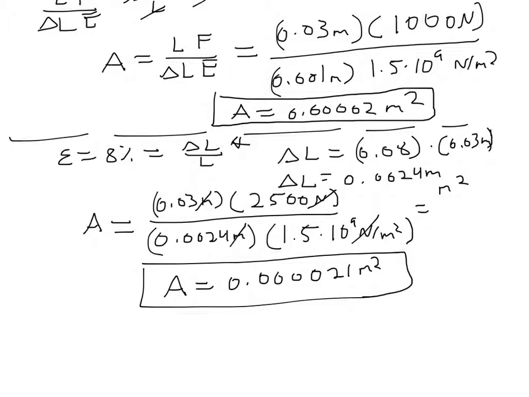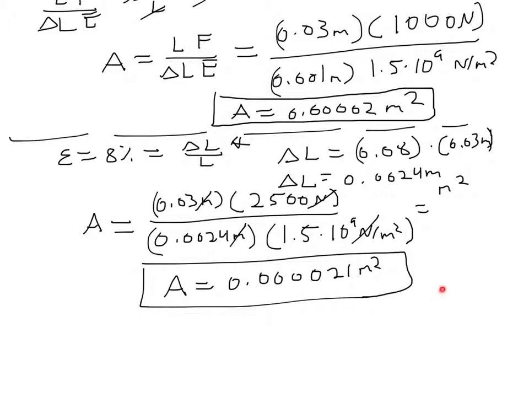So now we're left with two possible options for the tendon. We're asked to design one tendon, not two tendons. If we pick the cross-sectional area that satisfies only the second condition, it won't be strong enough to withstand the required strain given the 2,500 Newton force applied in the third condition.